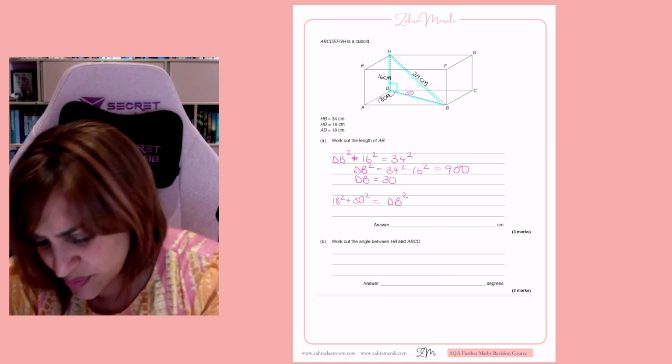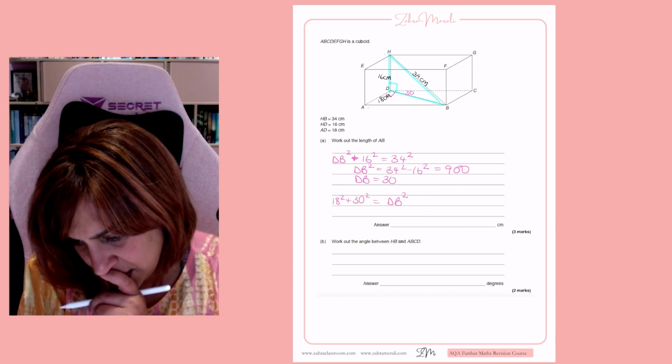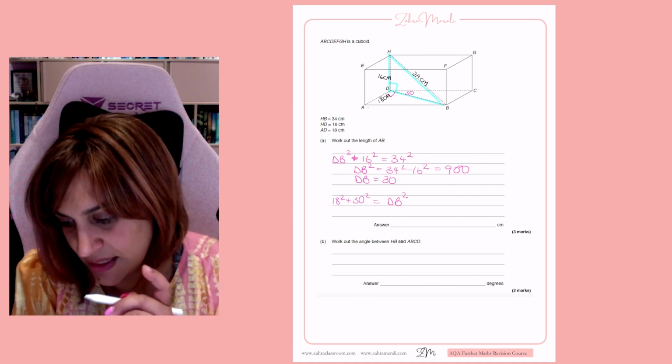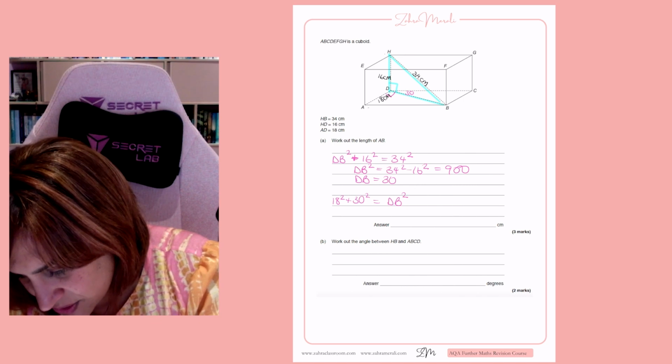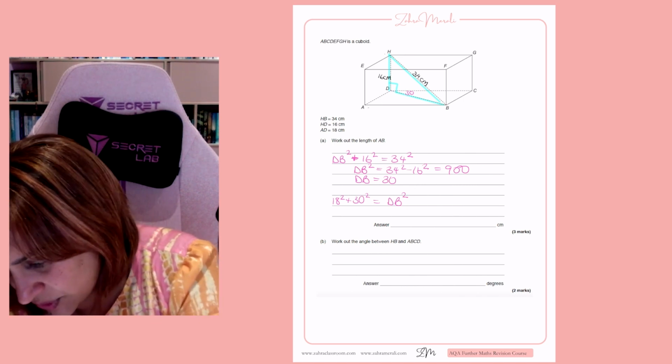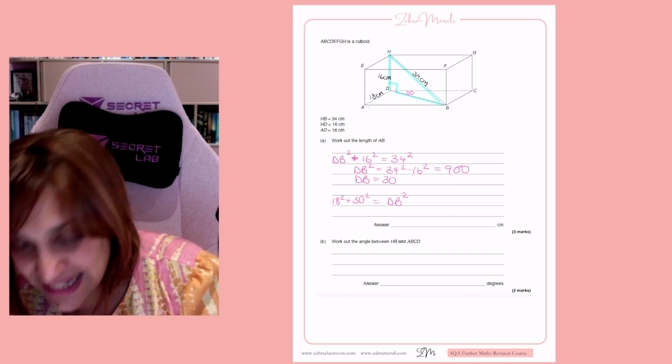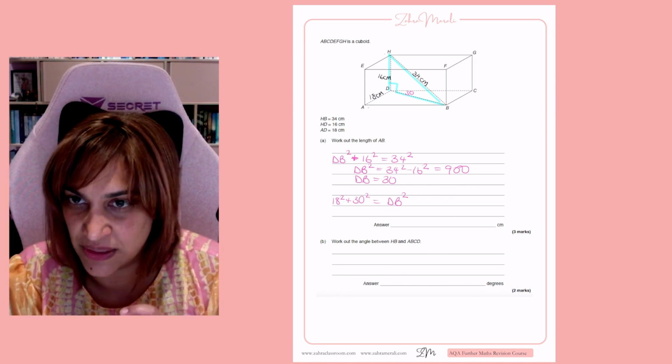No, ignore me entirely. DB squared is my hypotenuse. Okay, let's try to do this properly. Apologies for that.